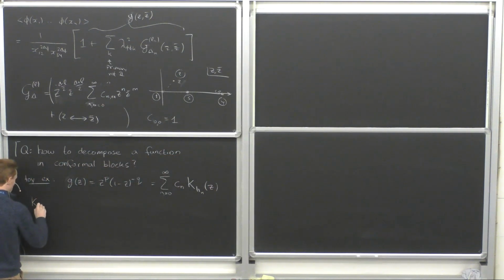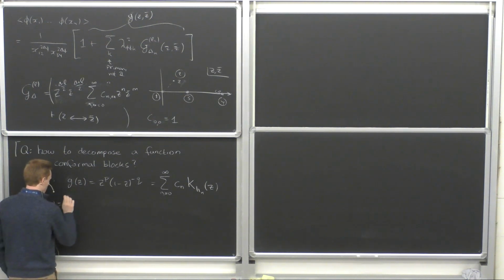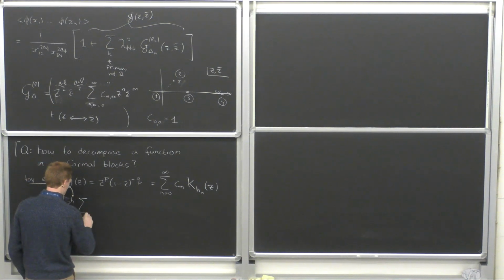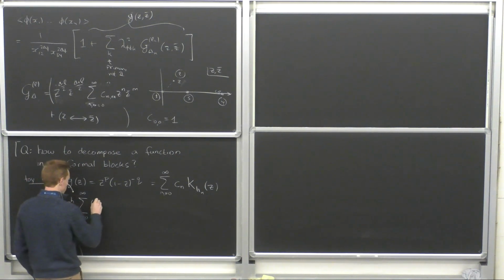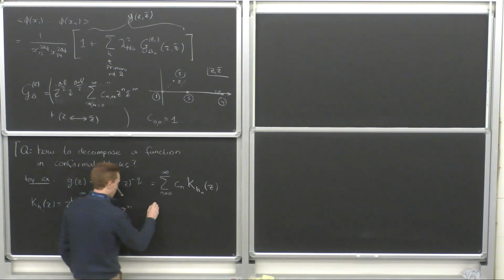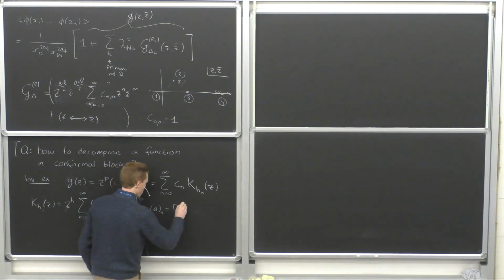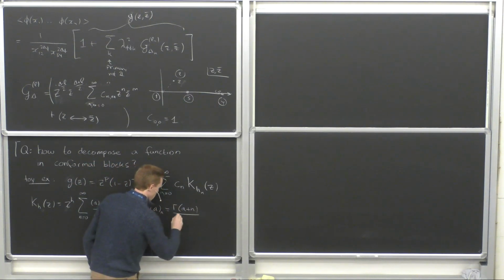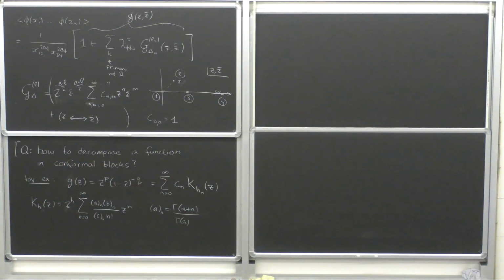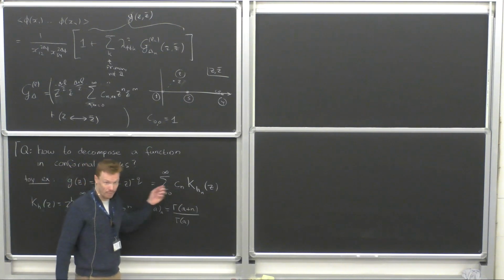Where these k functions are z to the h times a hypergeometric function, and let me write out what the hypergeometric function really is: a sum of z to the n, where a, this Pochhammer symbol, is gamma a plus n over gamma a. You see it's a polynomial for an integer. So I want to know what the h n and the c n are for this particular function.